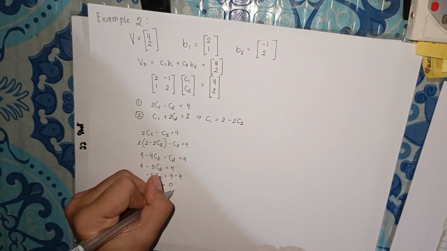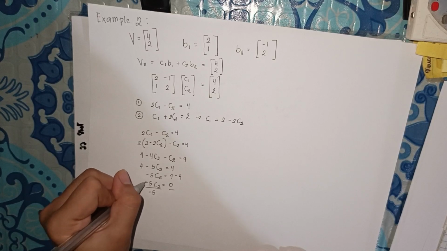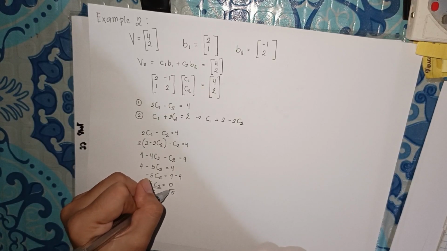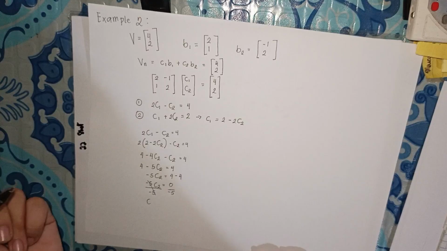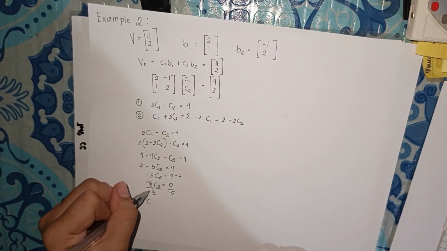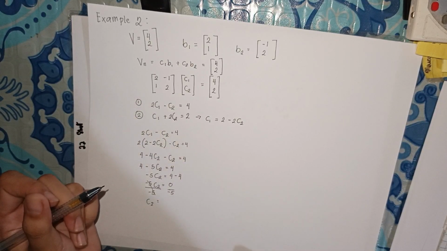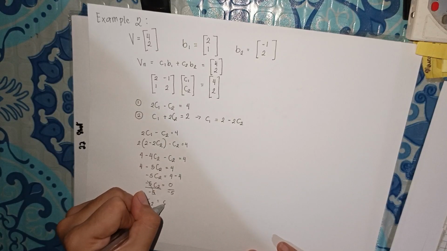Then divide both sides by negative 5 to get the value of C sub 2. So the negative 5's cancel. So C sub 2 is equal to 0, since 0 divided by negative 5 is 0.